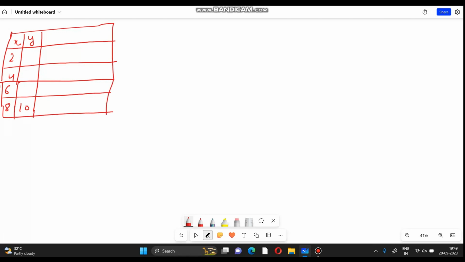It means when x is 2, y is 3, when x is 4, y is 7, when x is 6, y is 5, and for x equal to 8, y is 10. So we are given a data set in which values of x and y are given. Now we will use this data set to find the values of the coefficients.